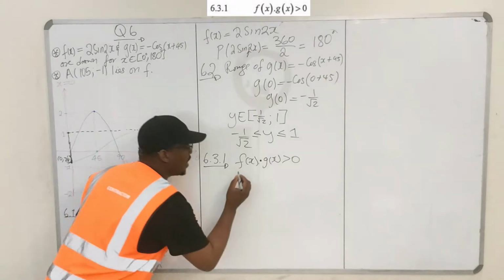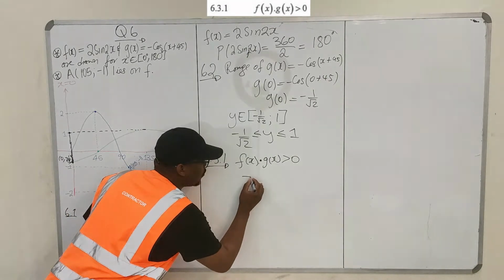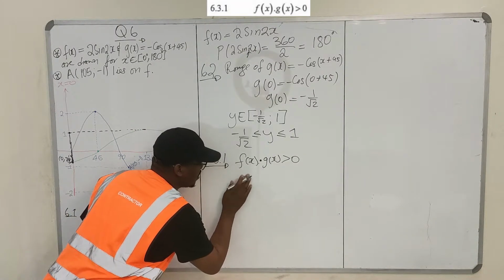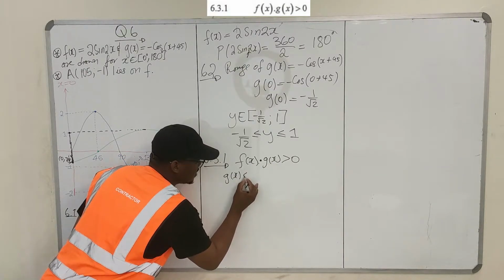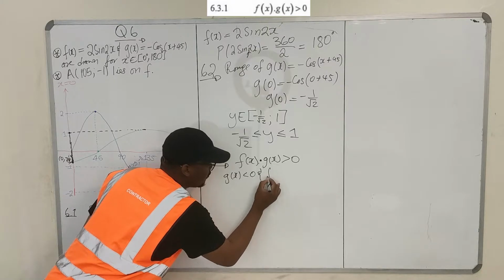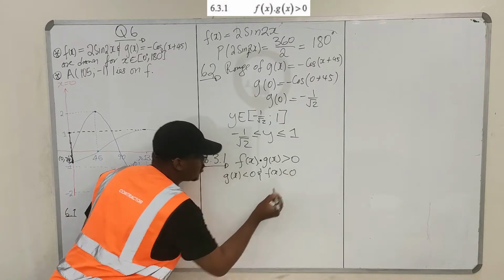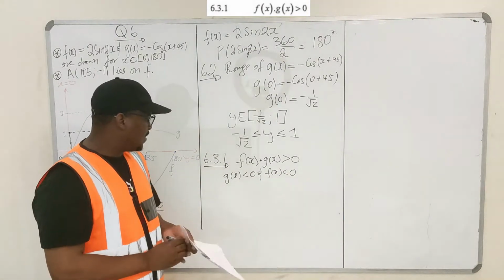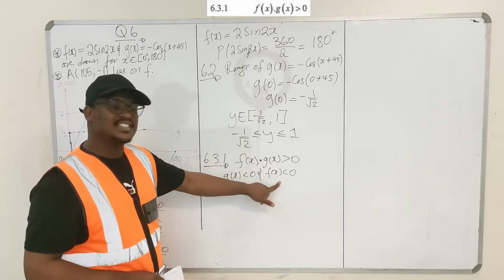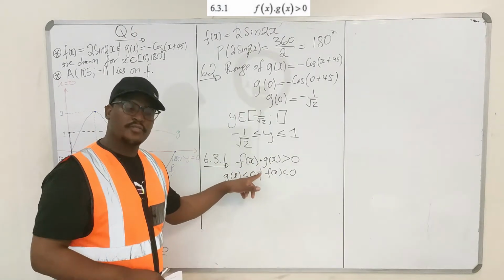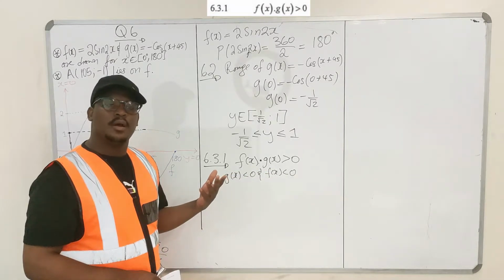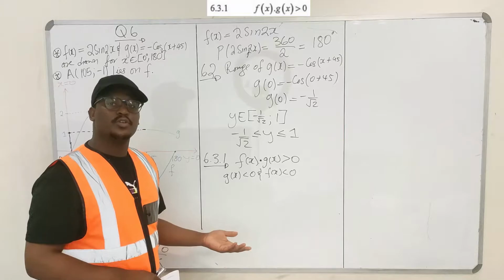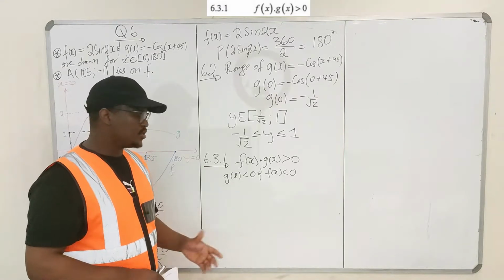You will get this product when g of x is less than 0 and f of x is less than 0. So by this I mean that if g of x is negative and f of x is negative, and you take the product of both of them, their product will be positive, because a negative times a negative is a positive.